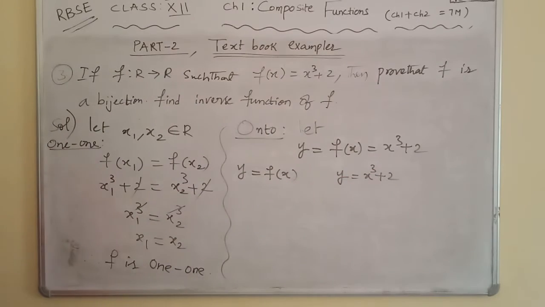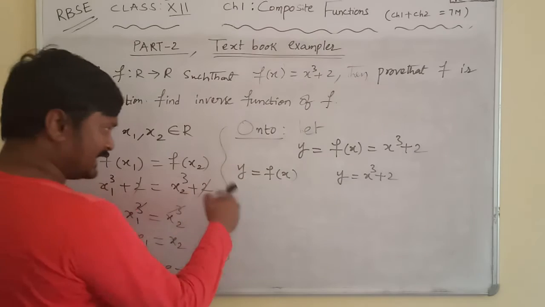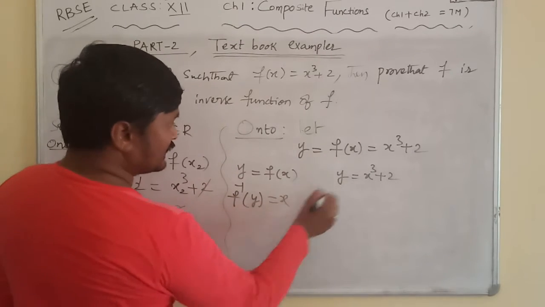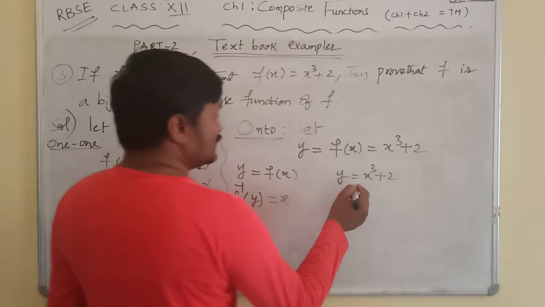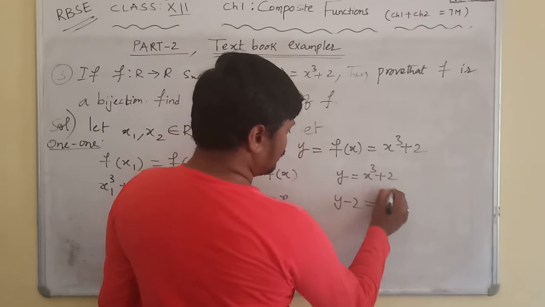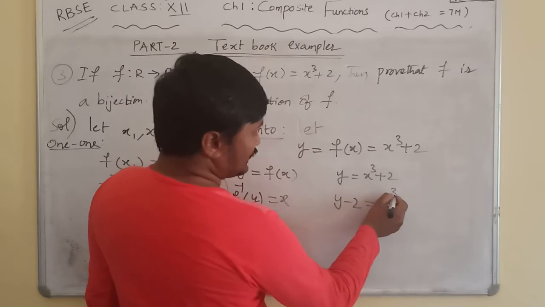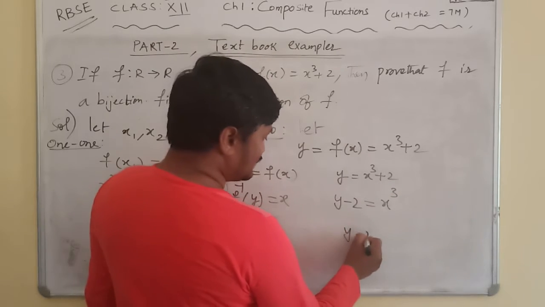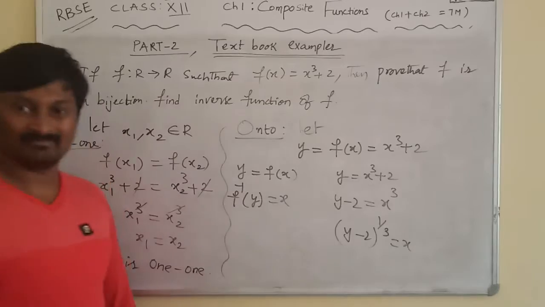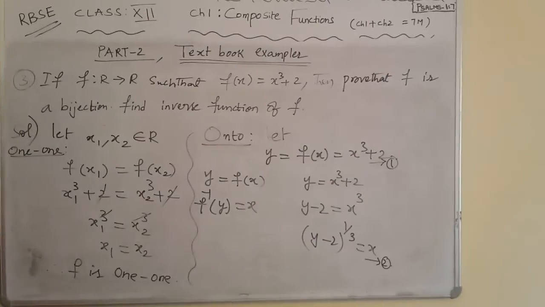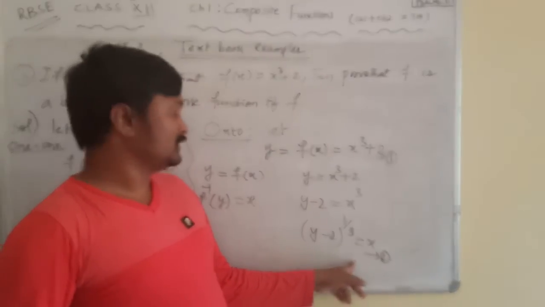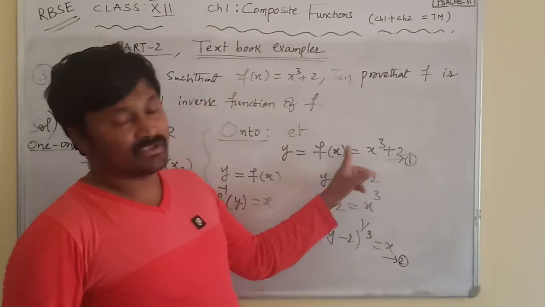Now we can write this as f inverse of y is equal to x. Then solve for x. Plus 2 comes to the other side as minus 2, so y minus 2 is equal to x cube. Then the cube goes to the other side: y minus 2 whole power 1 upon 3 is equal to x. This is equation number 1, and this is equation number 2. Substitute this x value in equation number 1.